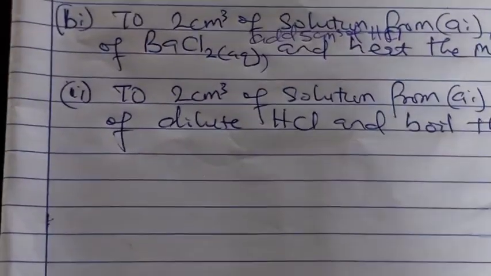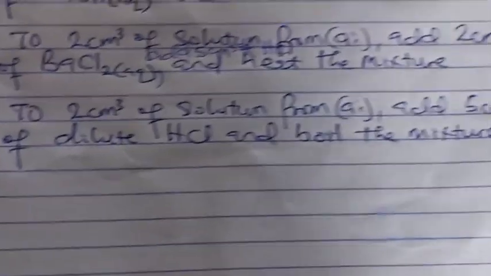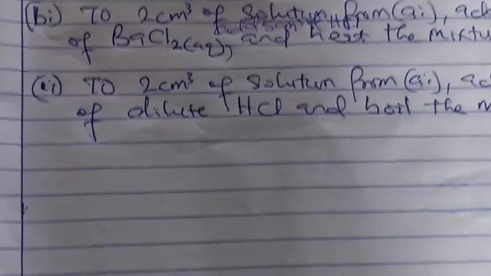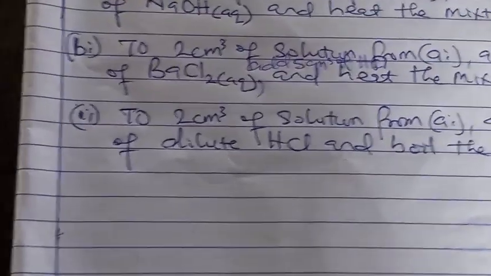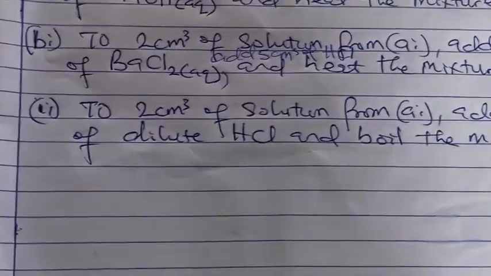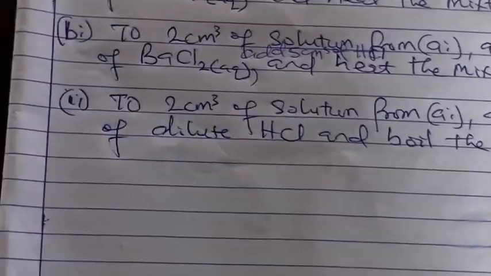But in BII, you are told to add 5 cm cube of dilute HCl to 2 cm cube of solution from A1 and boil or heat the mixture. The difference is that in BII, we are not adding any barium chloride. That's the difference. But in both of them, we're adding HCl and also heating the mixture.